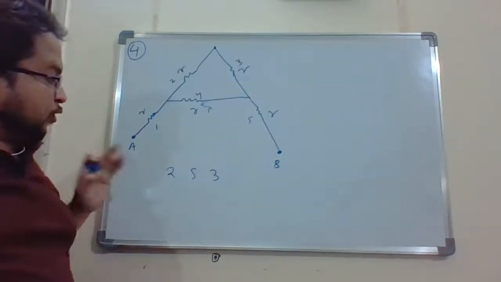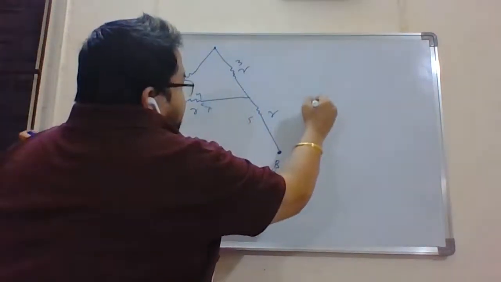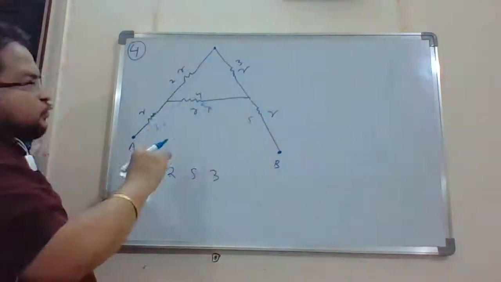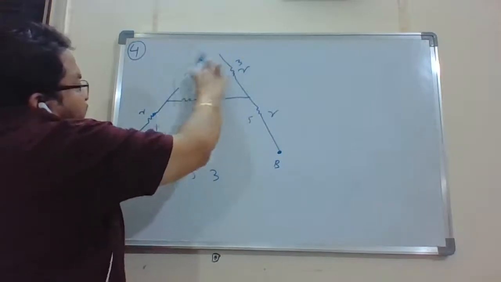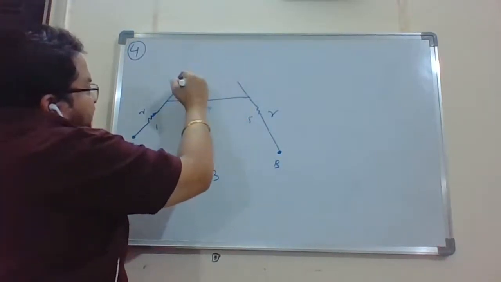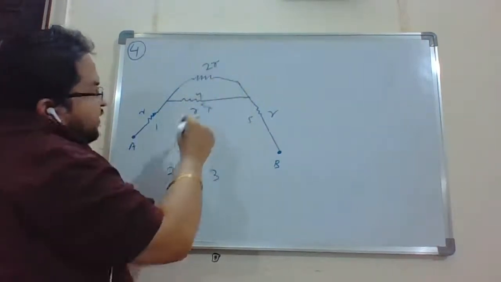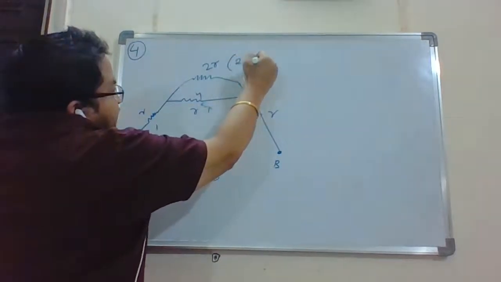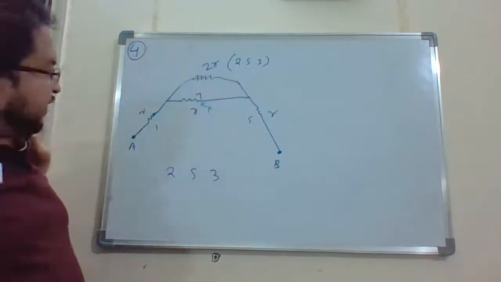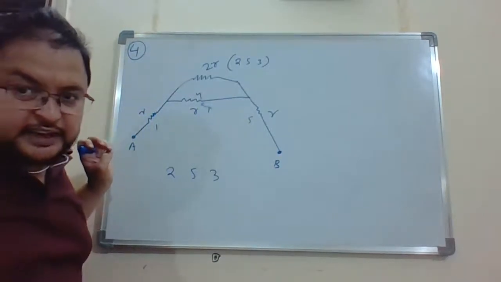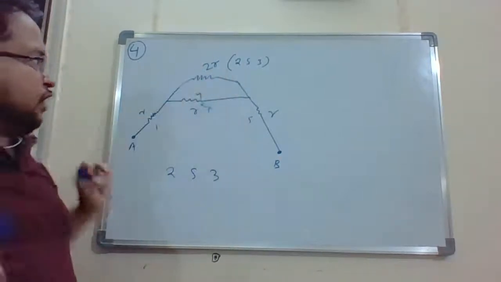The answer is no. Now, if 2 is in series with 3, can this circuit be reduced so that, rather than showing these as two different resistors, I can remove this and just put a resistor of resistance 2R here? This is because 2 was in series with 3, so their equivalent resistance is R plus R equals 2R.